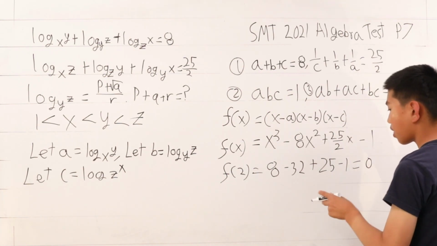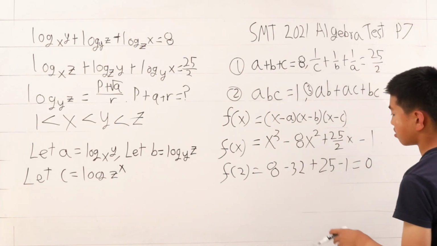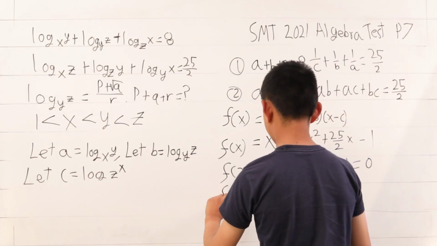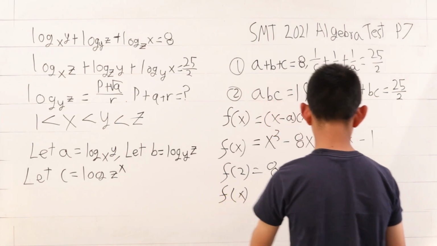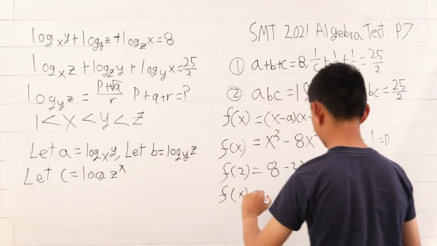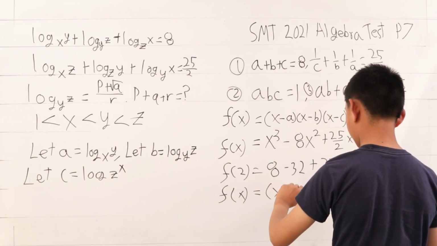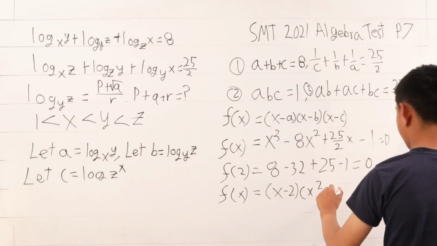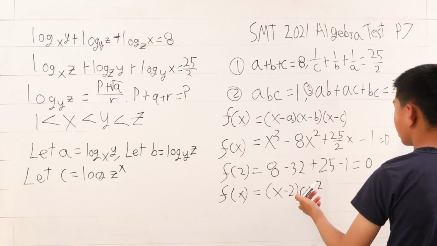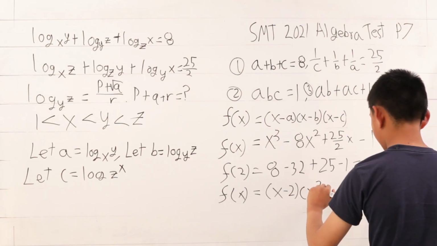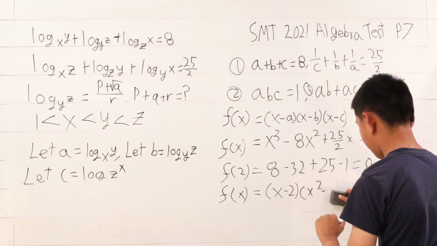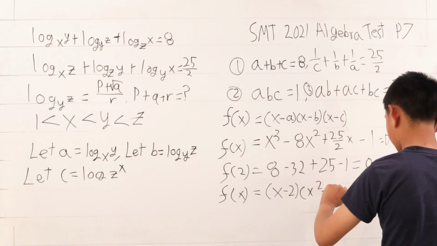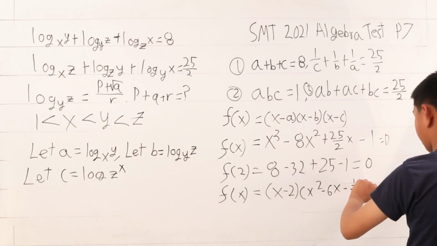And we did this to find a factor or a root. So we can really just factor out f of x into x minus 2 times x squared, and then you have to get the 8x, so minus 8x, no, not 8x, 6x, minus 6x plus 1/2 is 0.